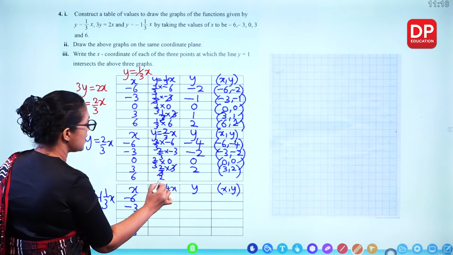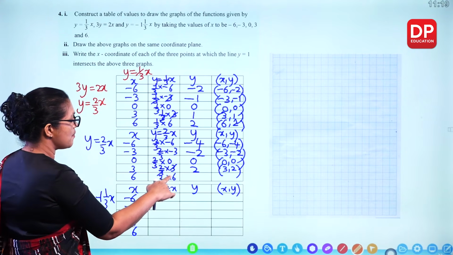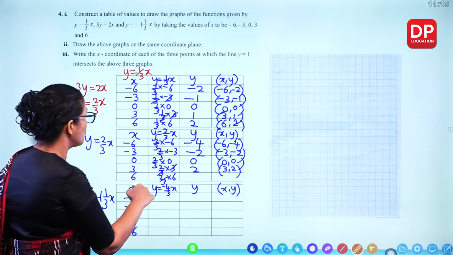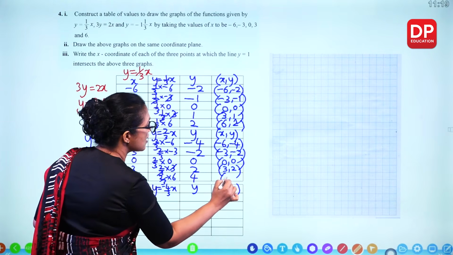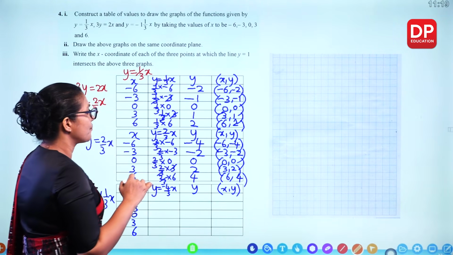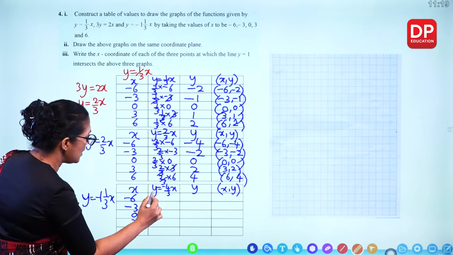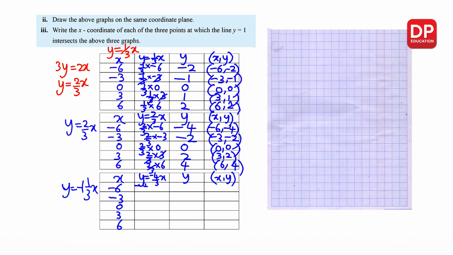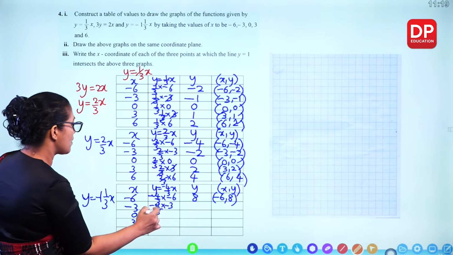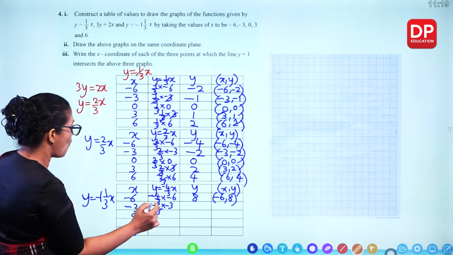Next one, substitute 6. 3 times, here 2, 2 times 2, 4. 6 comma 4. And we'll calculate these values as well. Minus 4 over 3 into minus 6, you get minus 2 into minus 4, plus 8. Minus 6, 8. Substitute minus 3, you get plus 4.